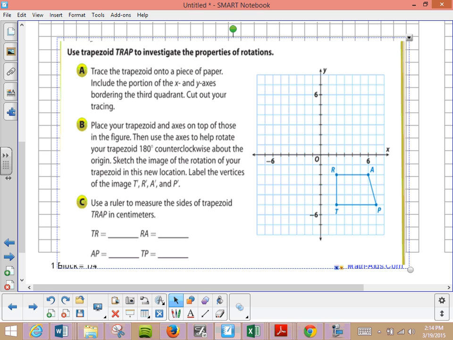And let's read it. Trace the trapezoid onto a piece of paper, include the portion of the y and x axes, bordering the third quadrant. Do not cut it out. Just leave it as it is.